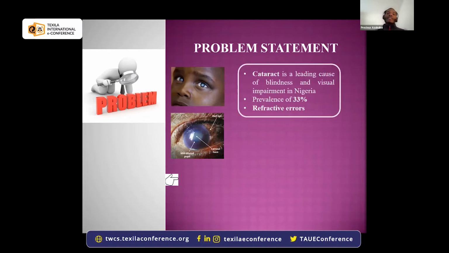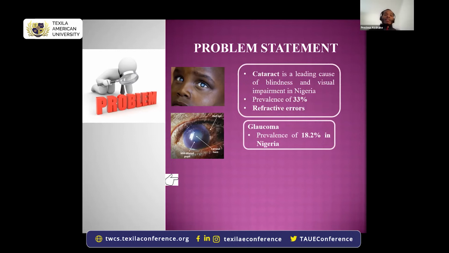In Nigeria, cataract is the leading cause of blindness and visual impairment, with a prevalence of 33%. Refractive errors also contribute immensely to the burden of visual impairment in Nigeria. We have an 18.2% prevalence of glaucoma in the country, with its social and economic implications.